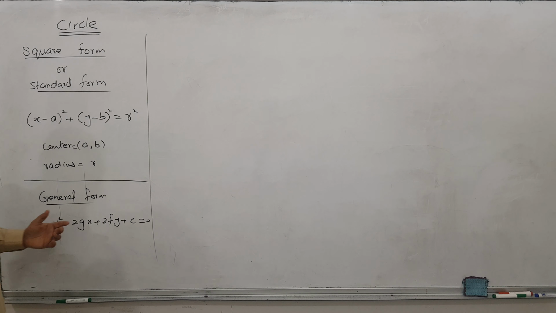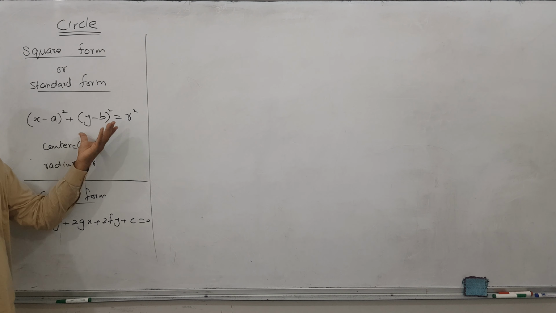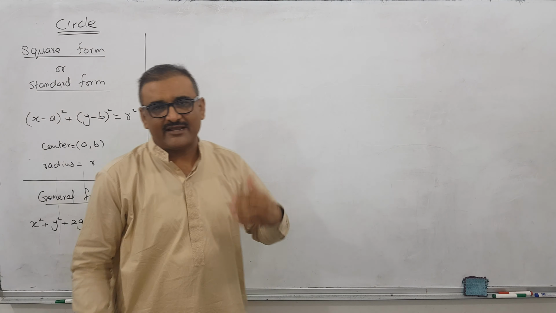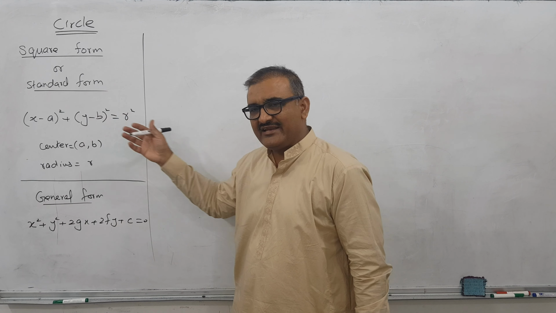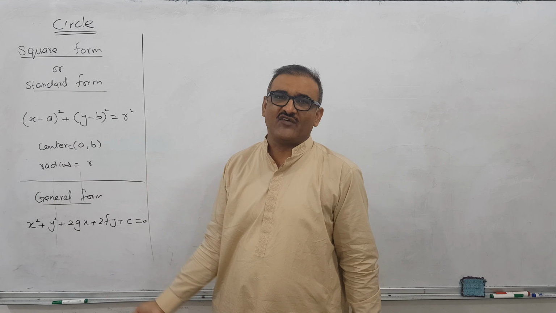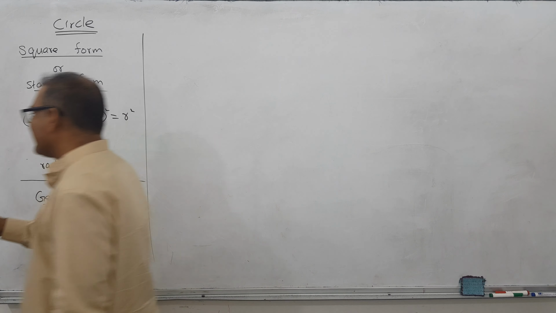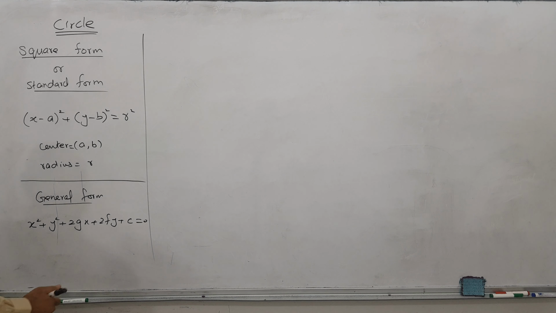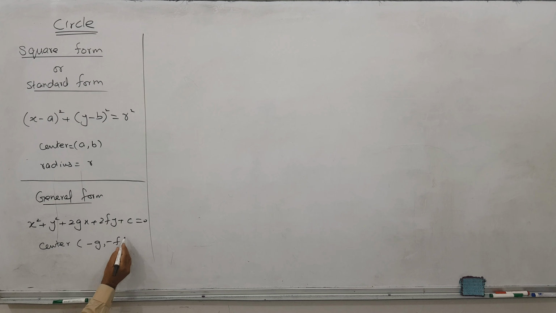So if I ask you how to find the center of this equation, we have two ways. One way is to convert into square form, called the completing square technique. First I go with completing square, and after having this form I can find it. Another is a shortcut technique, the comparison method, and the center in this form is minus g and minus f.